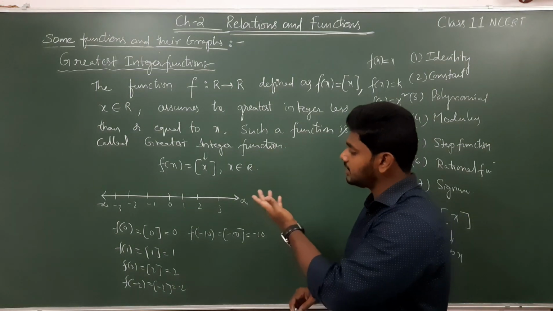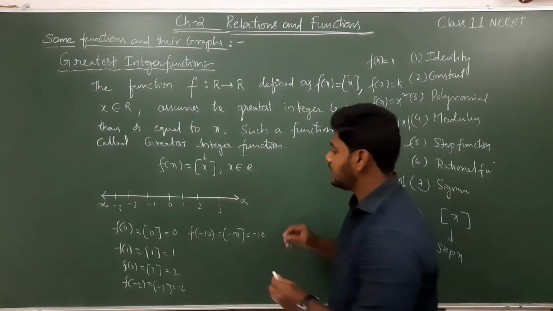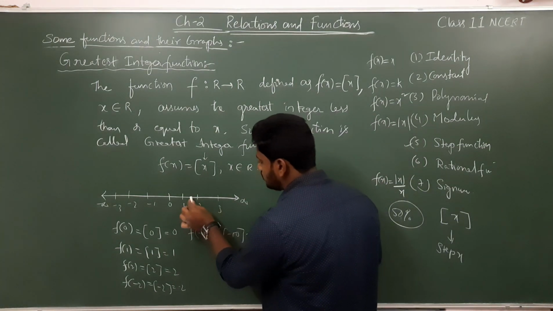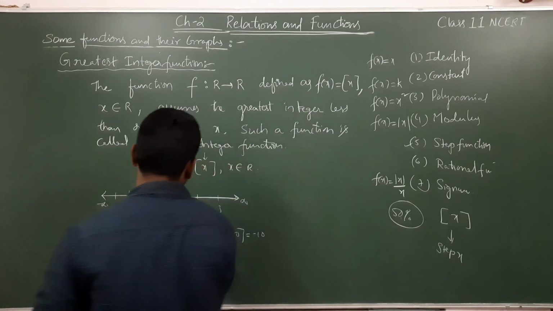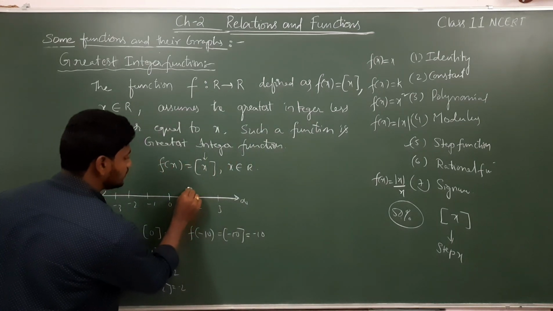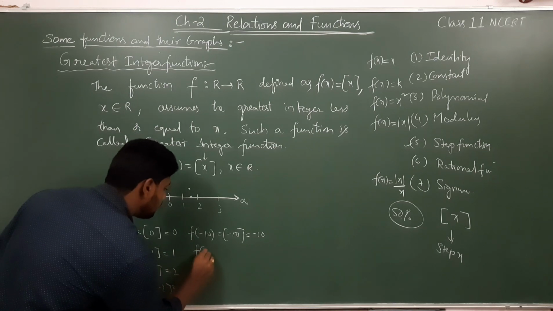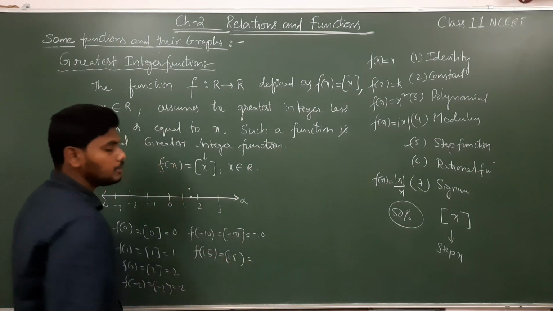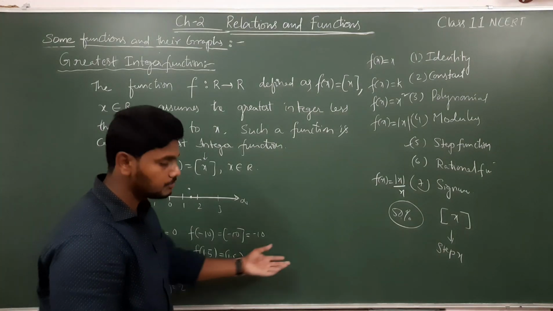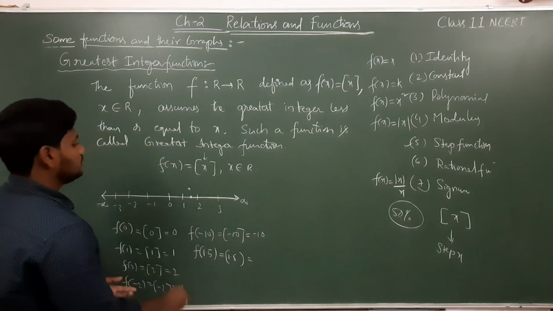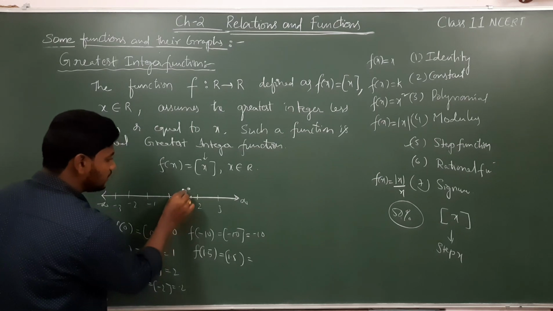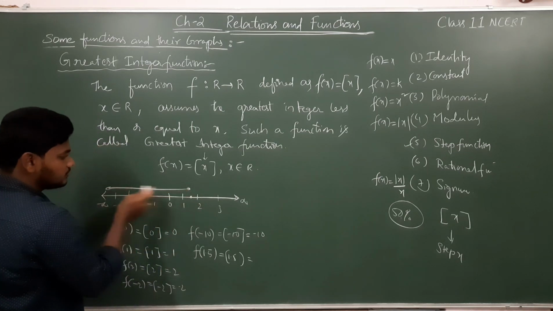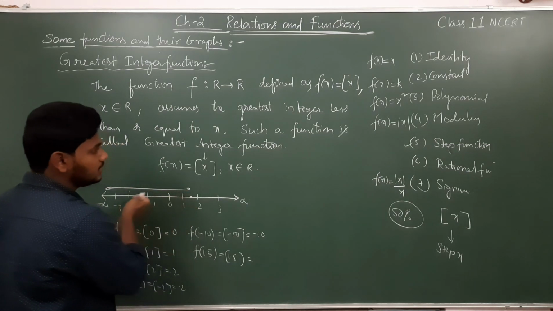But if you take decimals, like 1.5, f of 1.5 is nothing but step 1.5. What is step 1.5? What are you guessing? Is it 1.5? No. From this 1.5, I will draw a line to the left side.